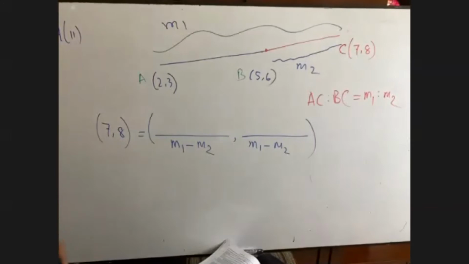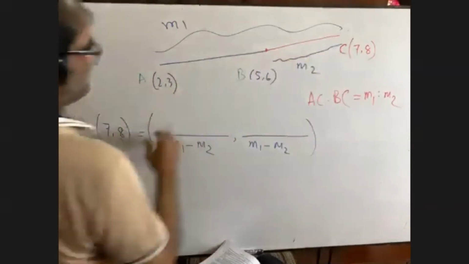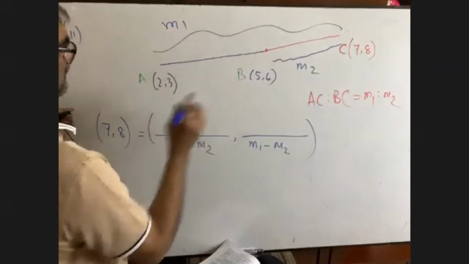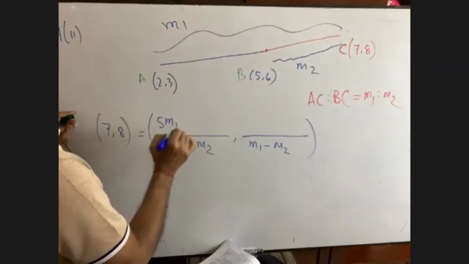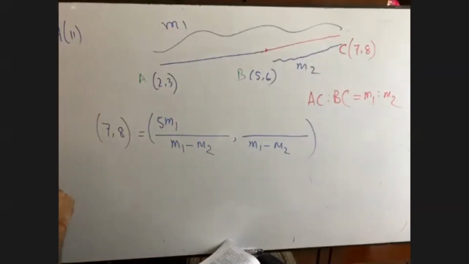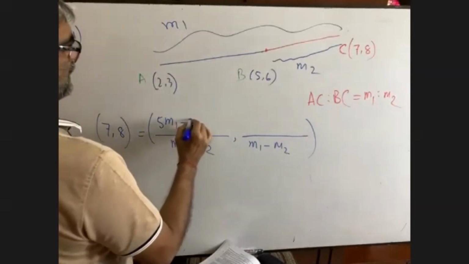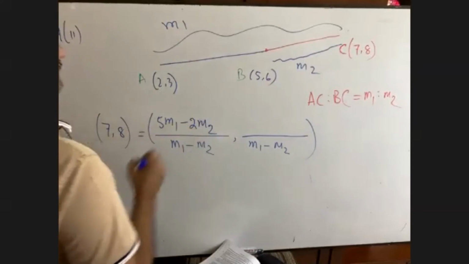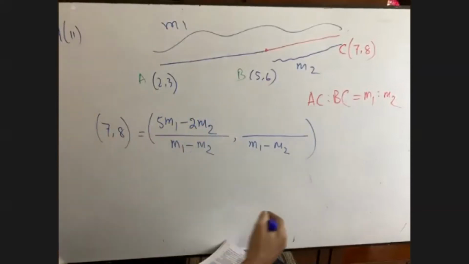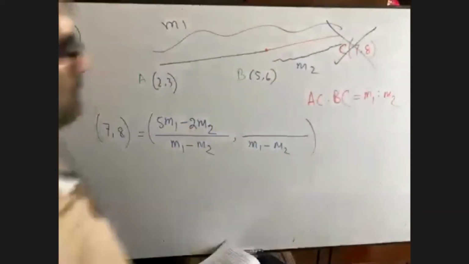Now you forget this part. Now your math is this: M1 into 5, that is 5 M1, M2 into 2, minus 2 M2. Suppose you forget this part.